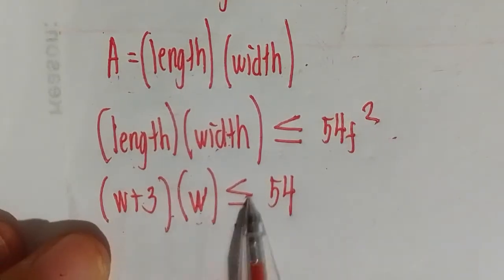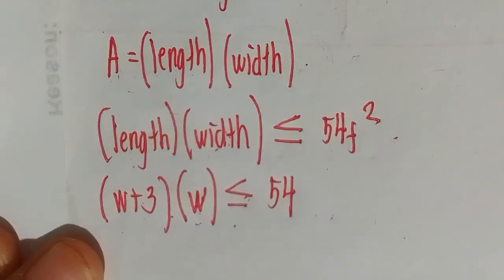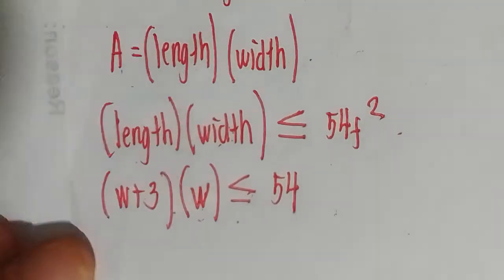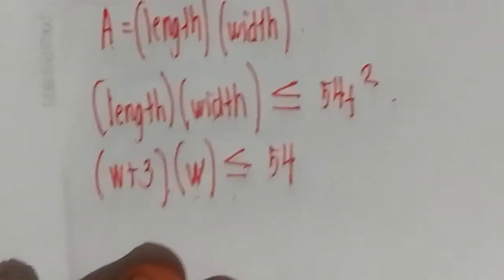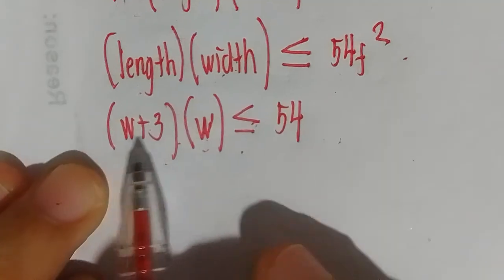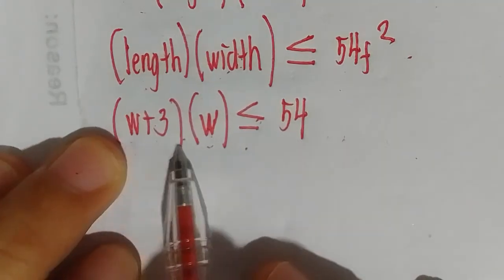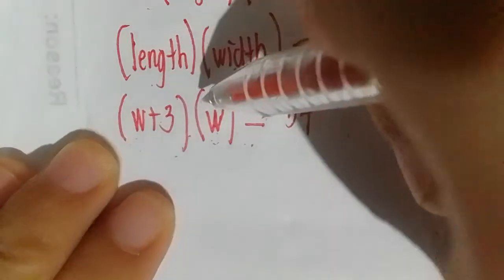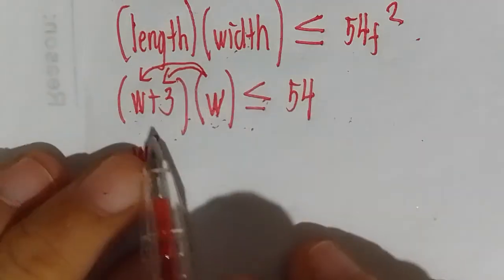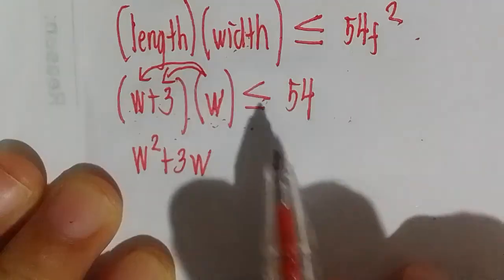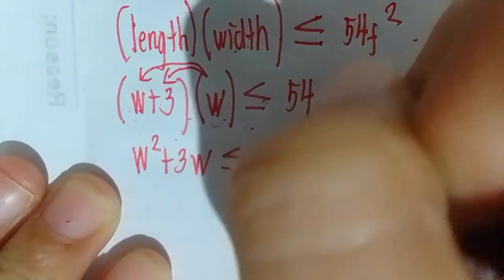Now that we have the inequality, the next thing to do is to put it in standard form, and then you can solve the quadratic inequality. This is a binomial times a monomial, so we apply the distributive property. First term times monomial: W times W is W squared. Next, positive 3 times W is positive 3W, following the inequality sign, less than or equal to 54.